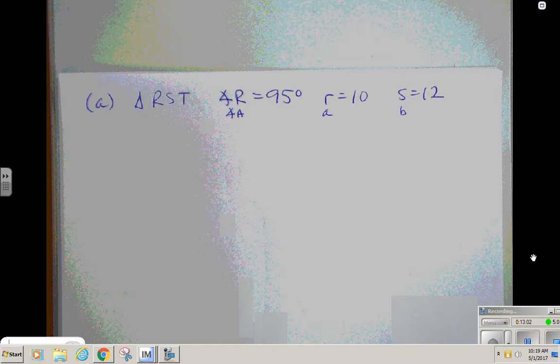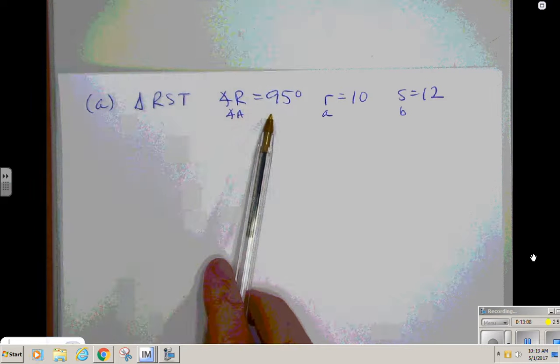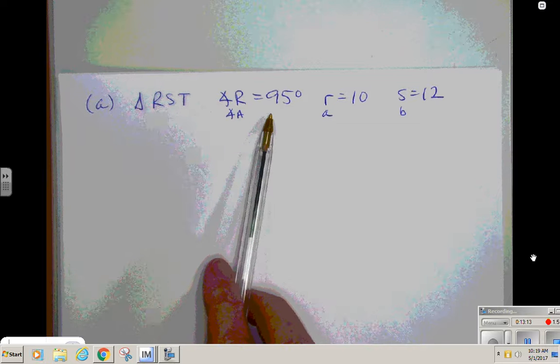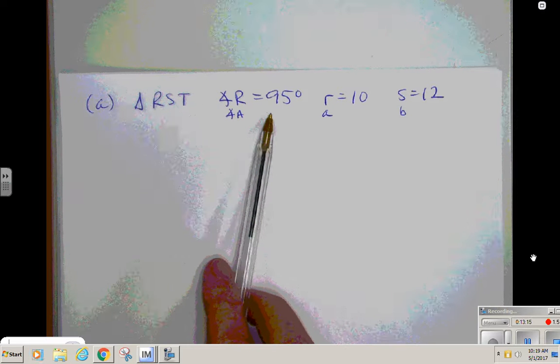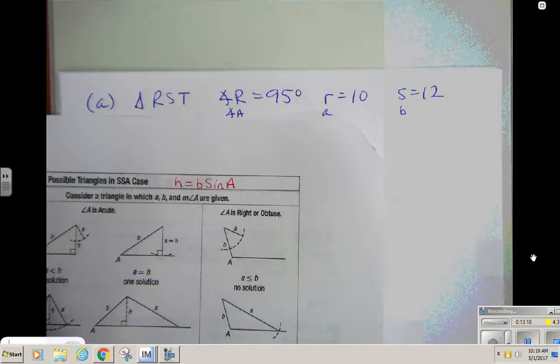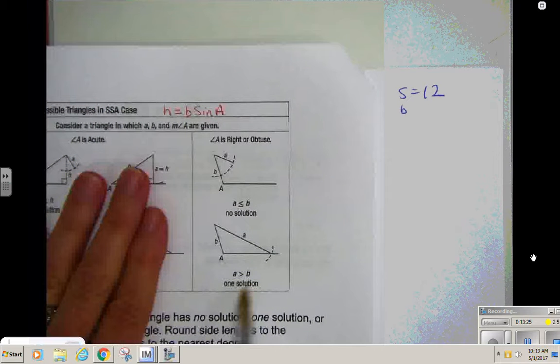So first you want to look at the angle measurement. This is 95 degrees. Is that going to be obtuse or acute? You guys remember? Obtuse, right. Obtuse is anything over 90. Acute is anything less than 90. So since it's obtuse, I just have these two possibilities right here. If A is less than B, there's no solution. If A is greater than B, there's one solution.